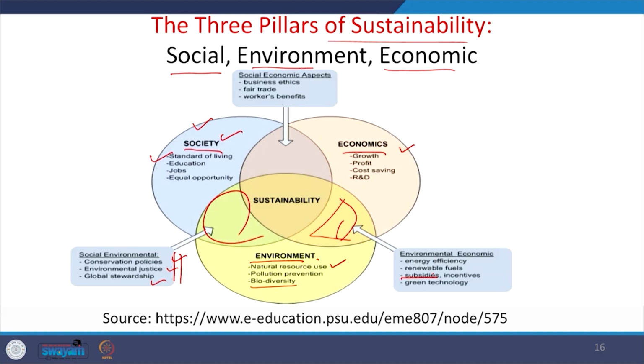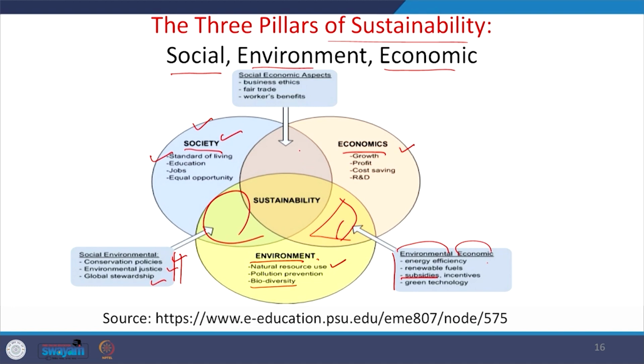How to stop pollution, how to use less of these natural resources, how to promote green technology so that resource efficiency can happen. So, all these examples deal with environmental as well as economic sustainability.